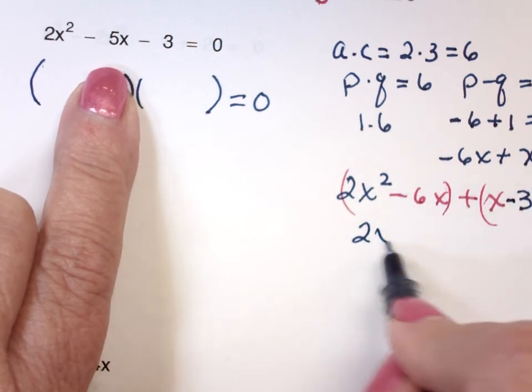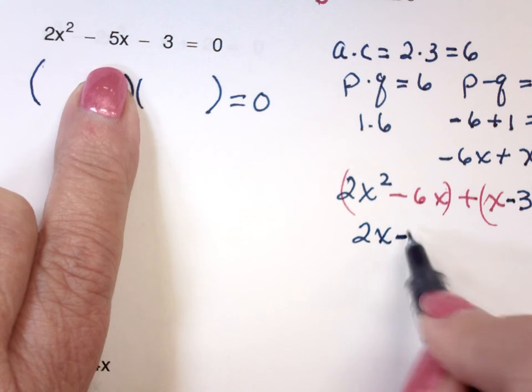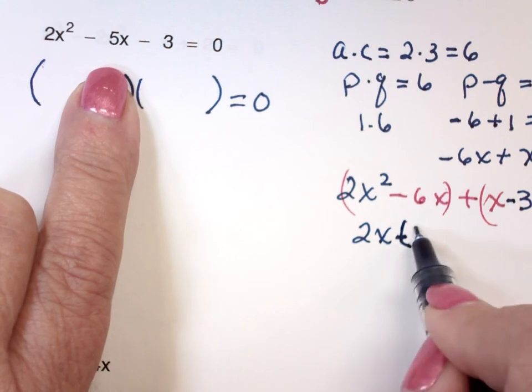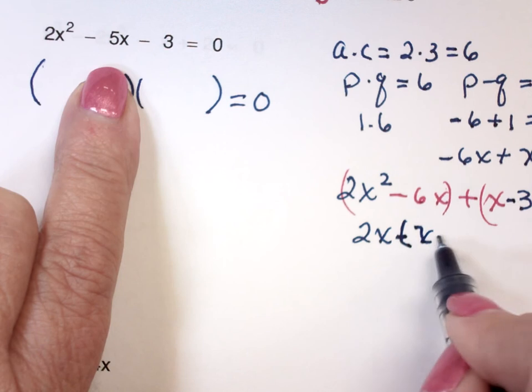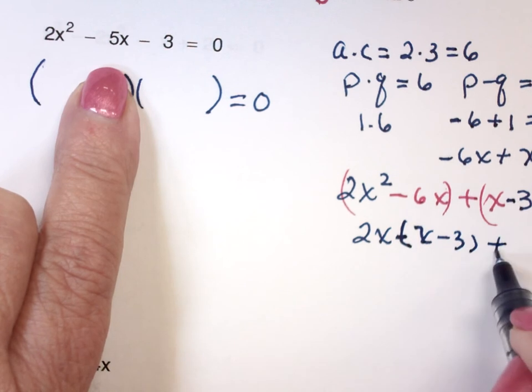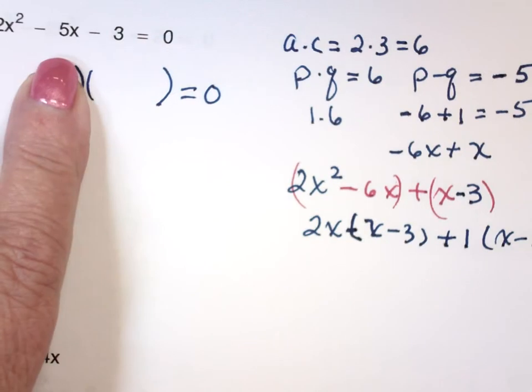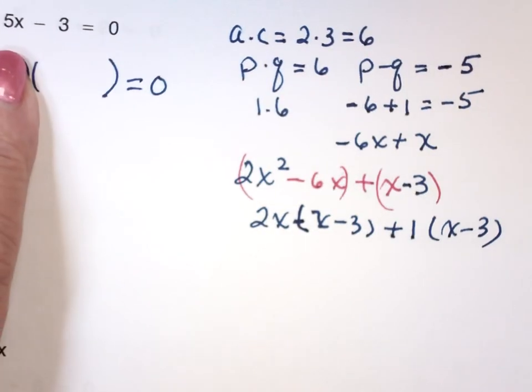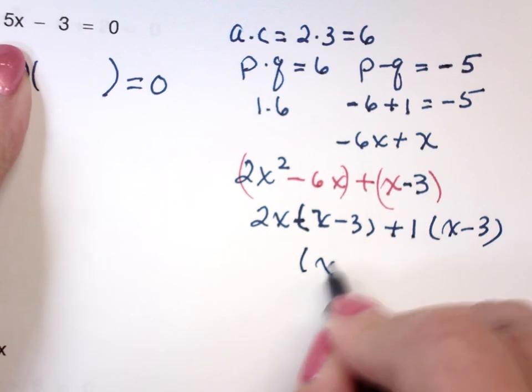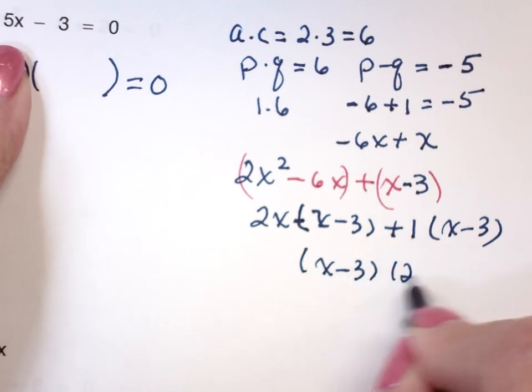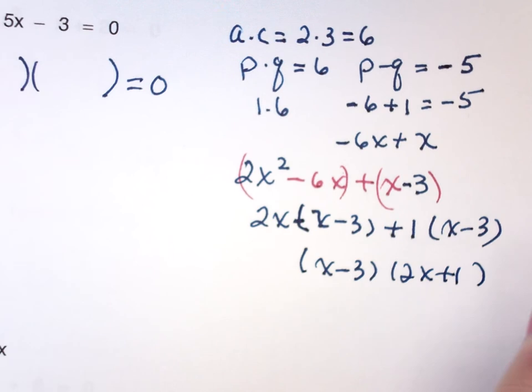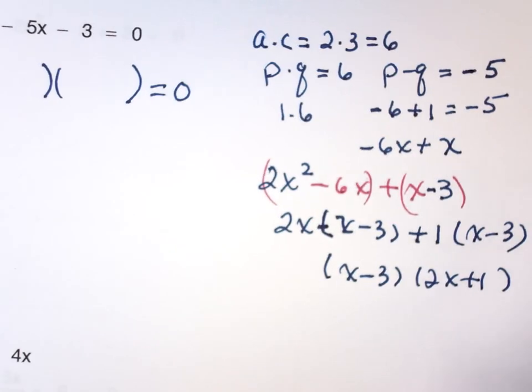This says that it's 2x times x minus 3 plus 1 times x minus 3. So it's x minus 3 times 2x plus 1. And that's what's going to come over here.